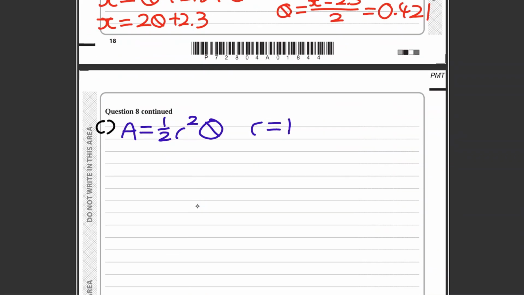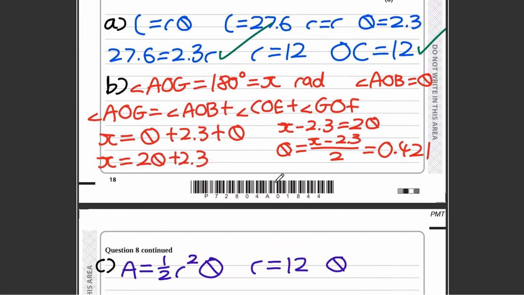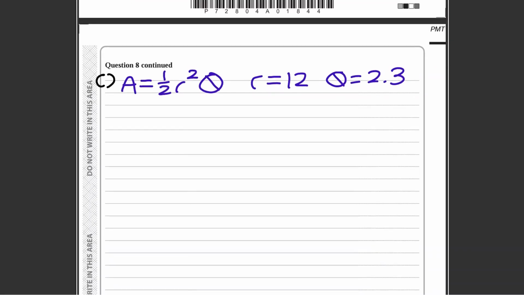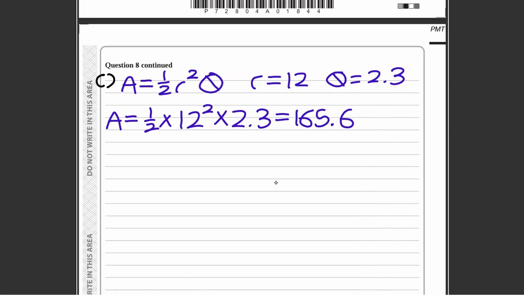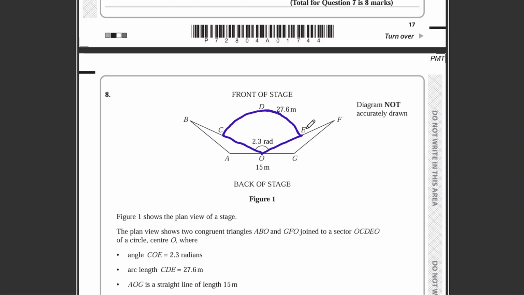So R is equal to 12, and theta is the angle at the center of the sector, which we're told is 2.3. So the area of the sector is half times 12 squared times 2.3, and if you put this into your calculator, it's equal to 165.6. So this here is the area of the sector.